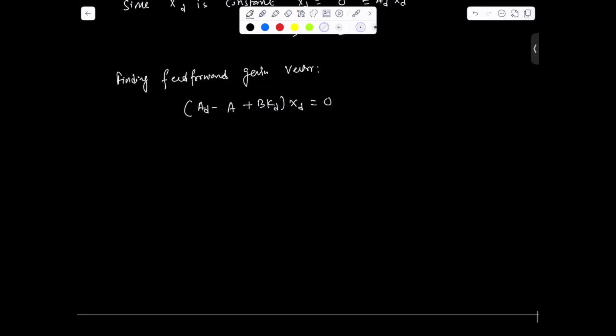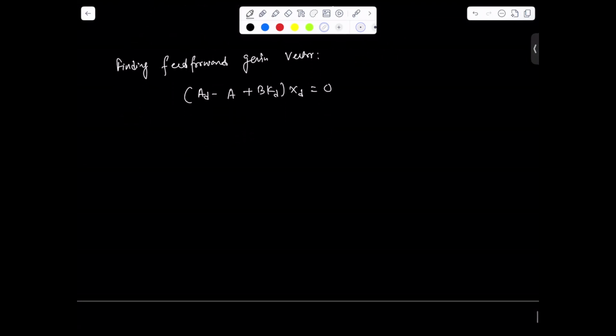That's the condition we had, for e naught dot equal to 0. This expression we already had in the last lecture, so this is the condition for the compensator.